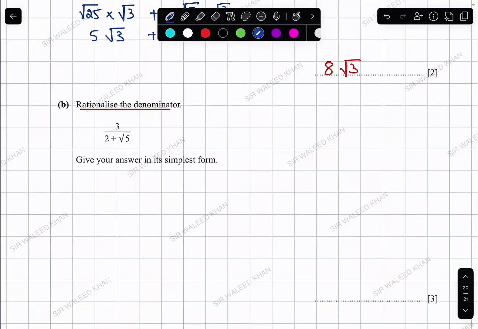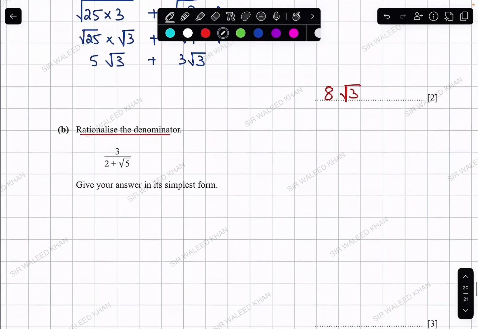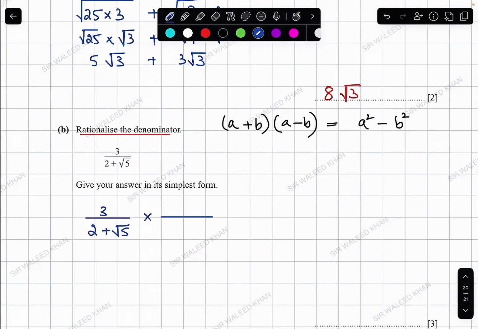So for that, if I refer to an identity, which is a plus b times a minus b, we will always end up as a square minus b square. So if we have 2 terms with a positive sign, that means if I multiply it with the negative sign, I can get rid of the surd. So times it by the same 2 terms with the negative sign.